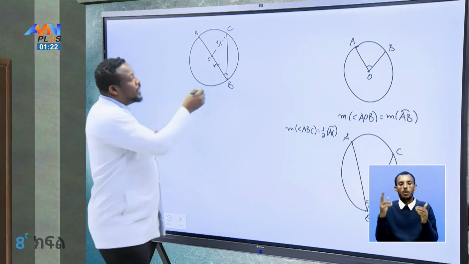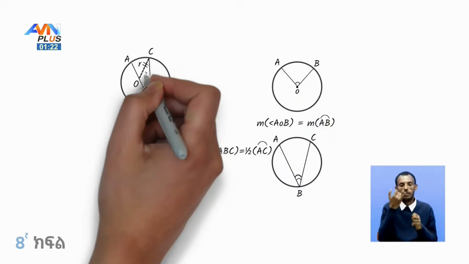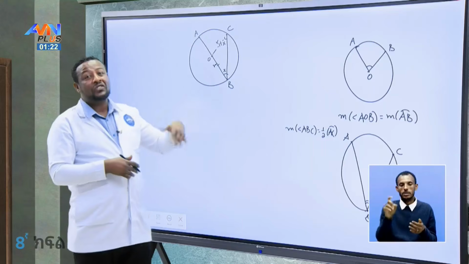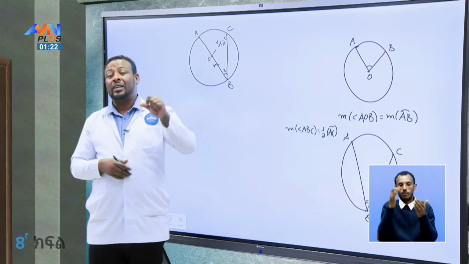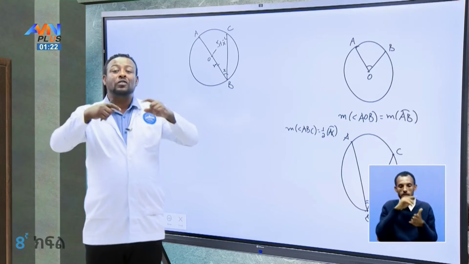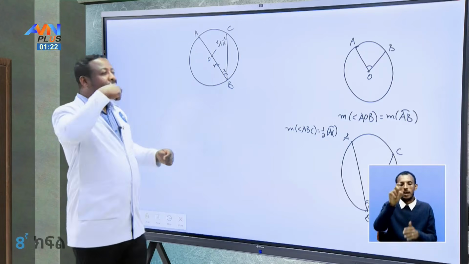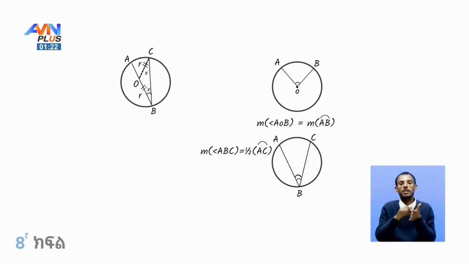And the other thing, if you consider this as x, this becomes x, because in an isosceles triangle, two of its sides are congruent. Therefore, their corresponding angles are also congruent. So if this is x, assume that this central angle is theta.